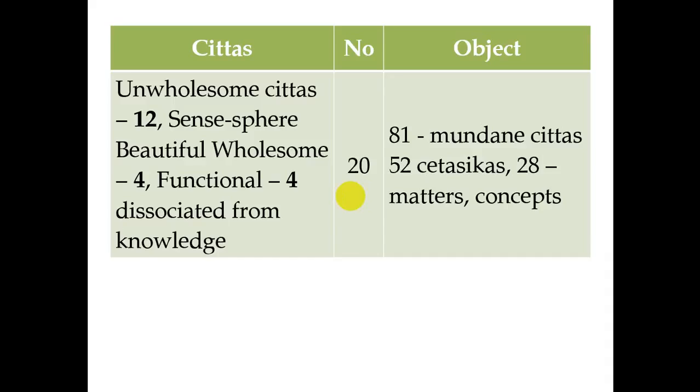But this one is dissociated from knowledge. 12 unwholesome chetas, 4 sense sphere beautiful wholesome chetas, 4 sense sphere beautiful functional chetas, dissociated from knowledge. Altogether 20. These 20 chetas will take mundane objects: the 81 mundane chetas, the 52 chetasikas that associate with the 81 chetas, and also 28 matters, as well as concepts.